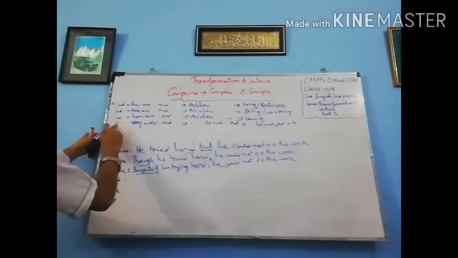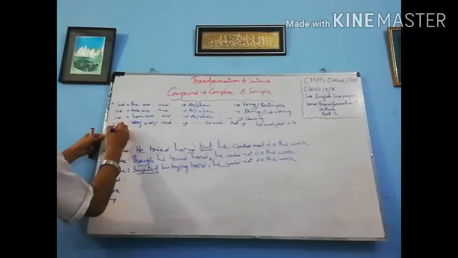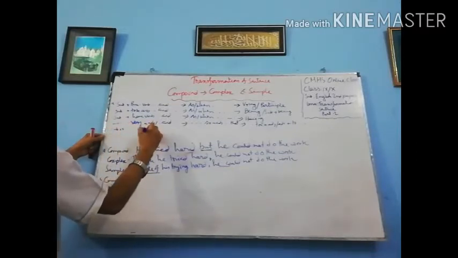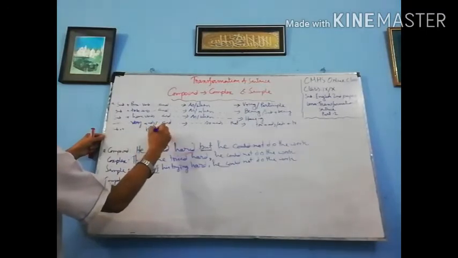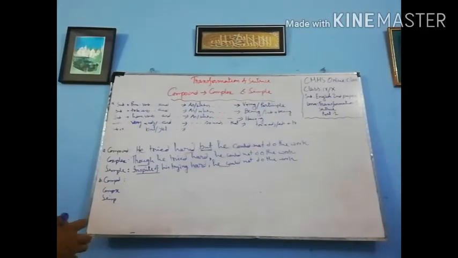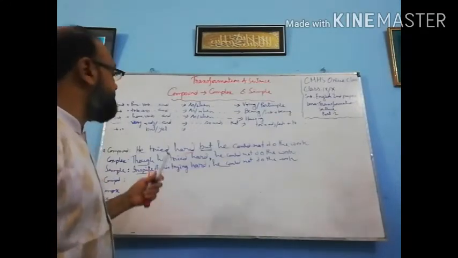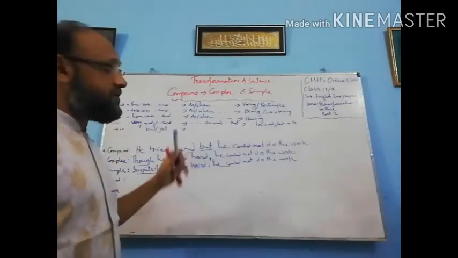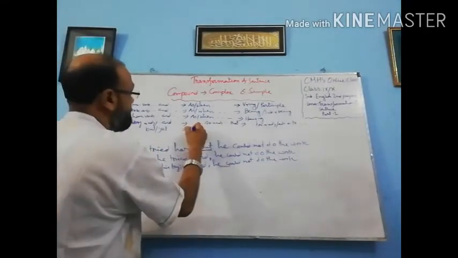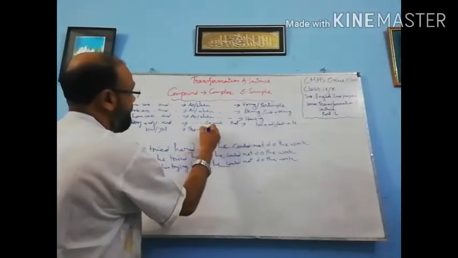If we get any sentence with but at the beginning, but or yet in the middle of the sentence, if a compound sentence is with but or yet, we will make it complex using though or although.